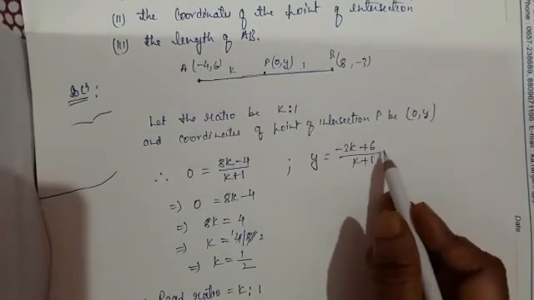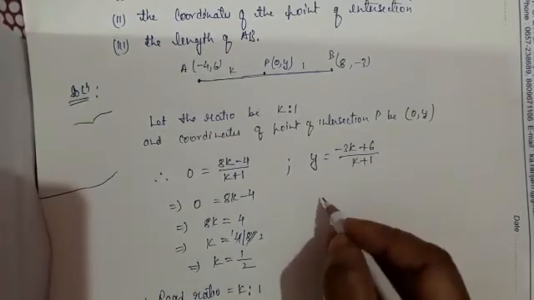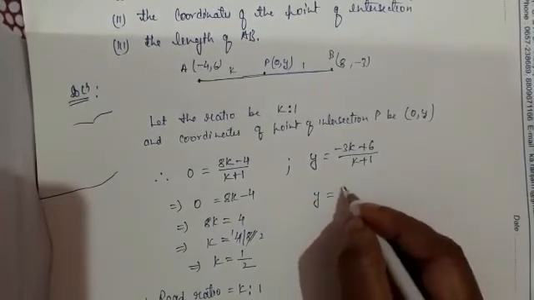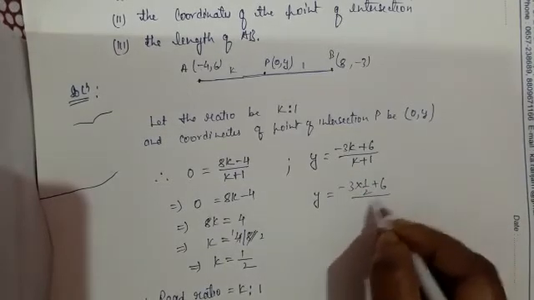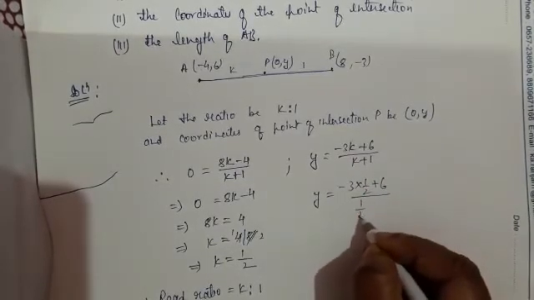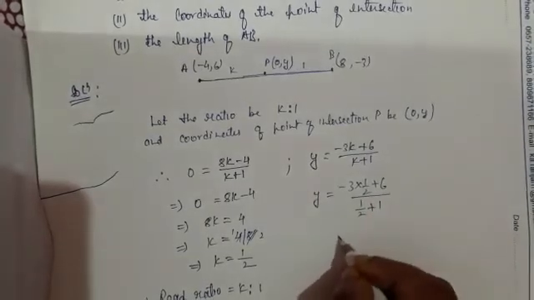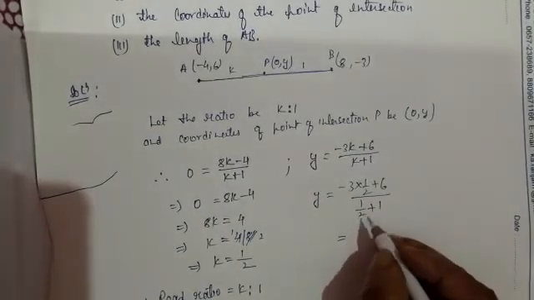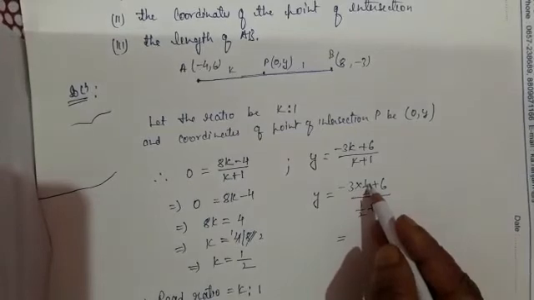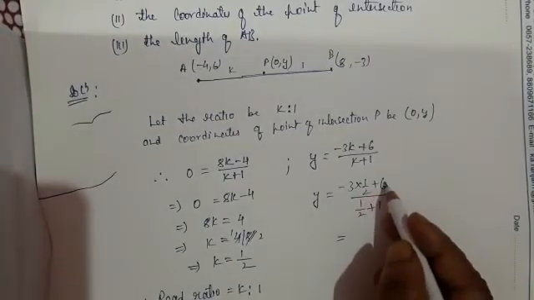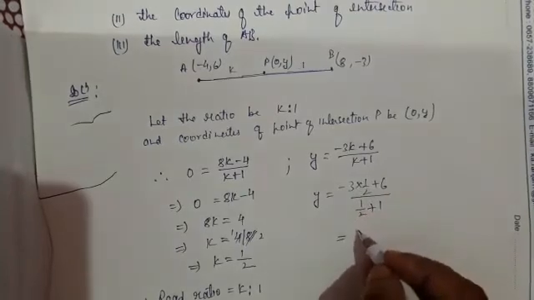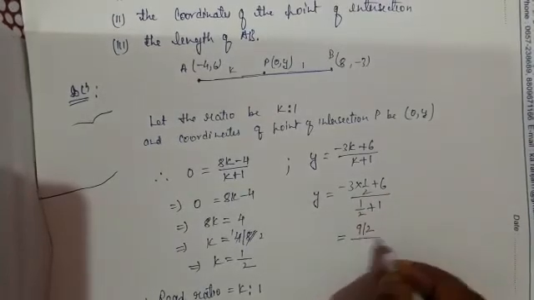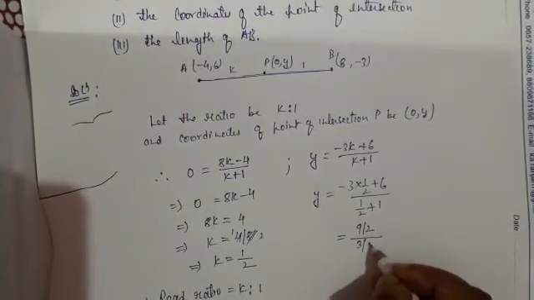Now coordinates of the point of intersection we have to find. We have y is equal to (minus 3k plus 6) by (k plus 1). Putting the value of k, we have (minus 3 into 1 by 2 plus 6) by (1 by 2 plus 1). On solving, we get minus 3 by 2, and here 6 to 12, so 12 minus 3, 9 by 2, and here 3 by 2.